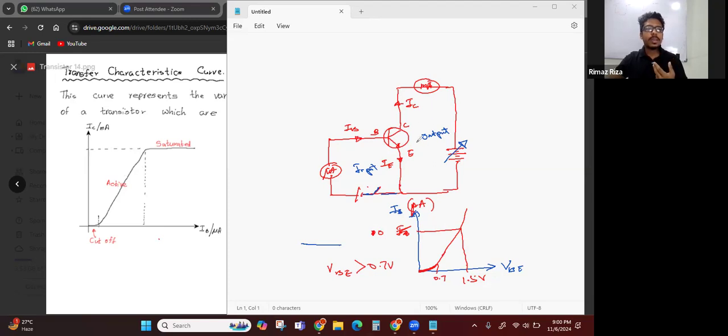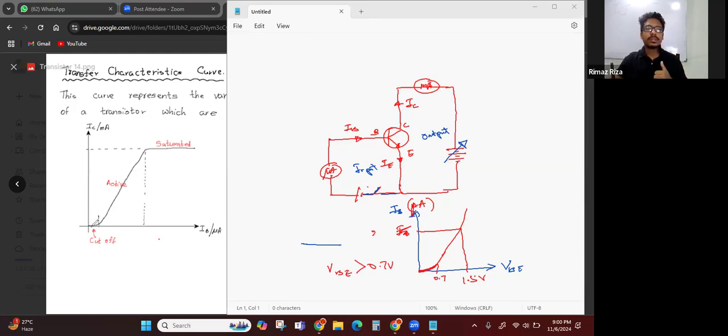Therefore there will be a current in the output circuit, so we can now call the transistor active. If VBE is less than 0.7, the junction is not biased, so no matter how much you increase the voltage, there won't be a current in the output circuit.